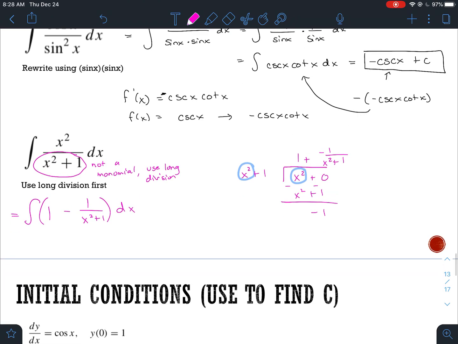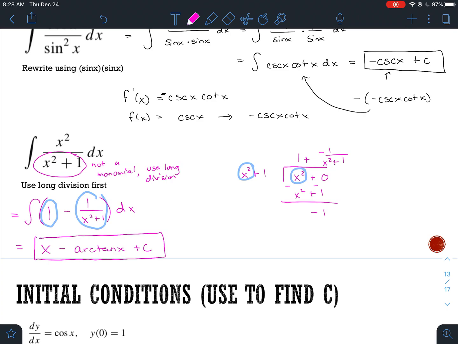Now we can take the antiderivative of each of these. What's the antiderivative of 1? Whose derivative is 1? Well, it's x. And whose antiderivative is 1 over 1 plus x squared? That would be arctangent. So this is going to be x minus the arctangent of x plus c.